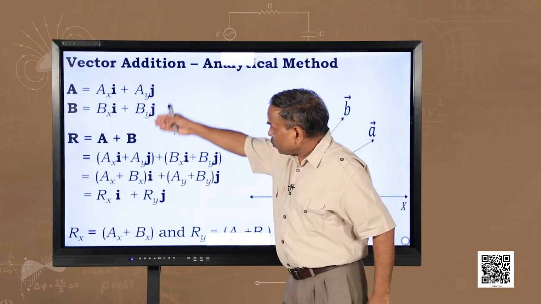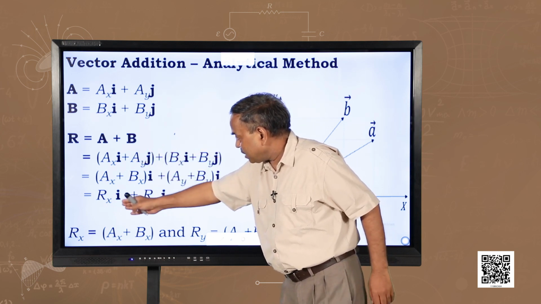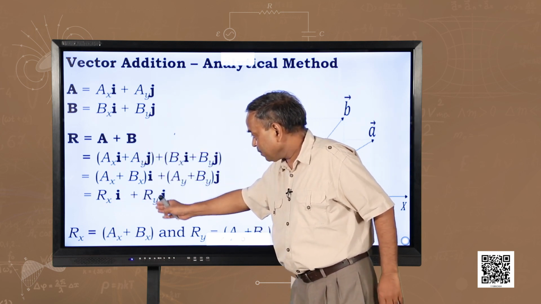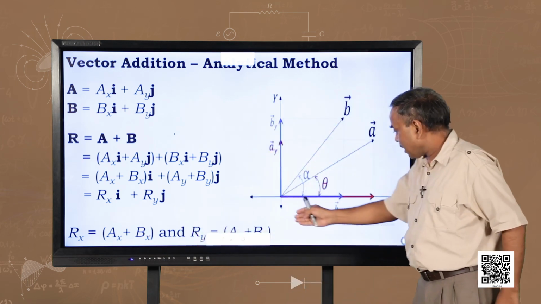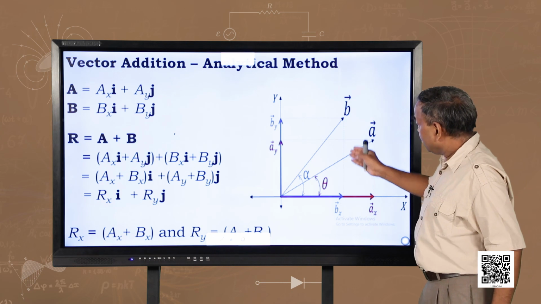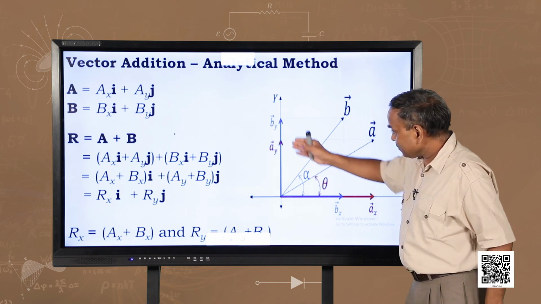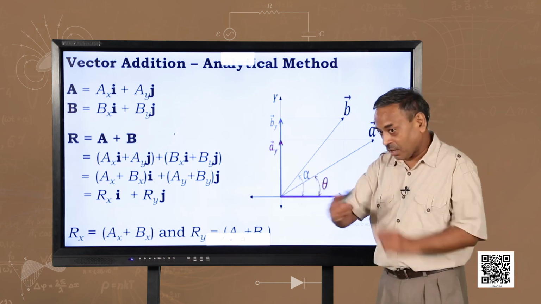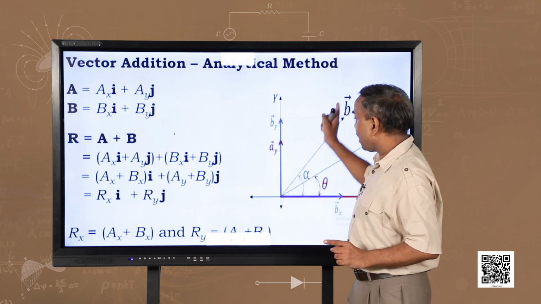So, now the addition of the two vectors A and B, R is equal to A plus B, can be rewritten as R x i plus R y j, where R x and R y are these, and you can very easily comprehend through this diagram here. The two vectors A and B are shown, having different angles. I am leaving it to you, children, to represent the vector R here.